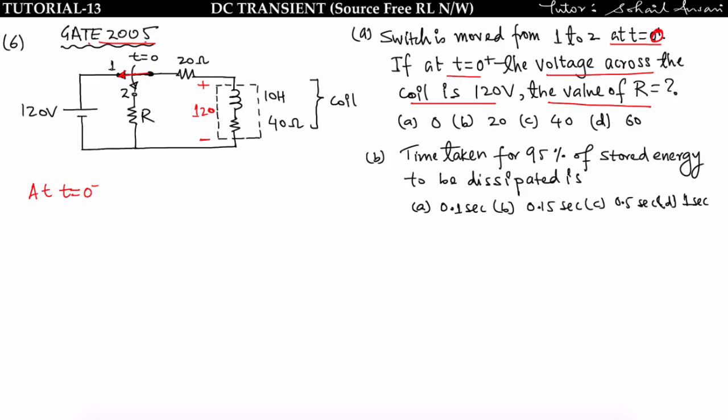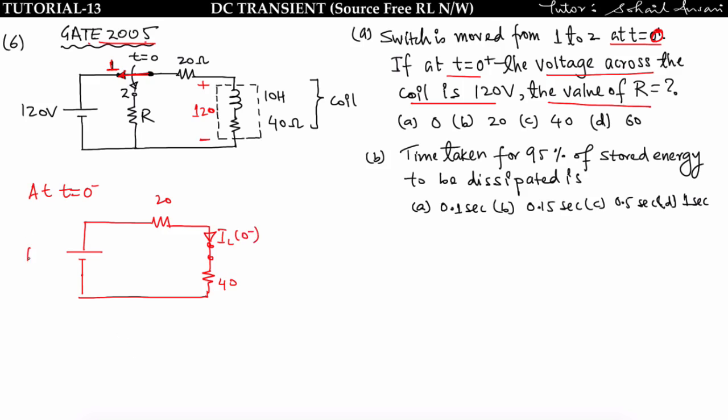At t = 0 minus, this switch is connected to point number 1 and the network is at a steady state, so I will make the circuit like this. At a steady state, the inductor is replaced by a short circuit. This resistor is 40 ohm, this is 20 ohm. Now find IL of 0 minus.